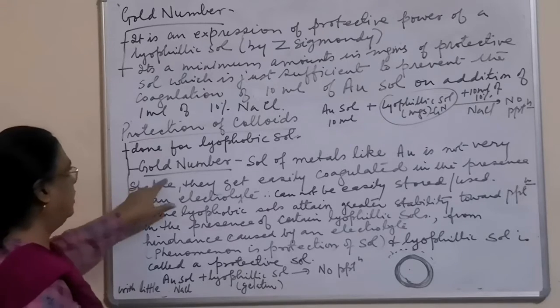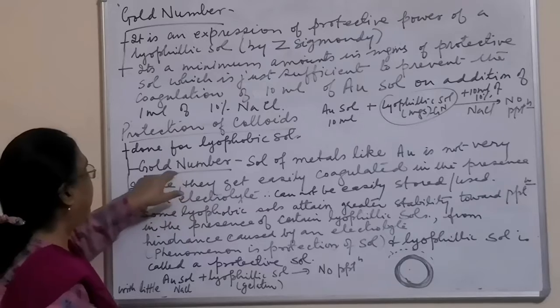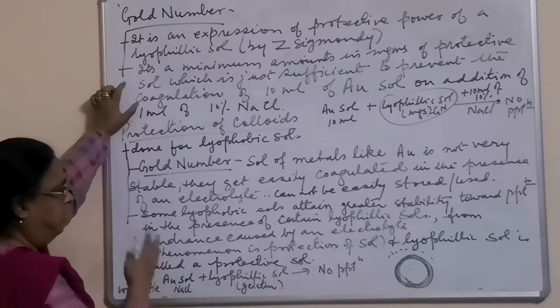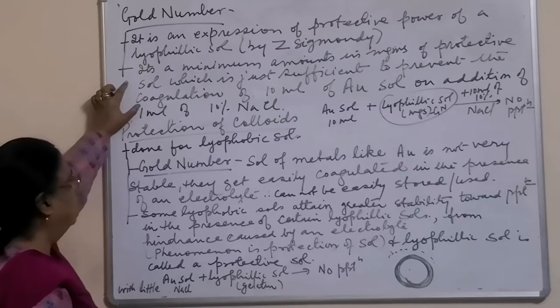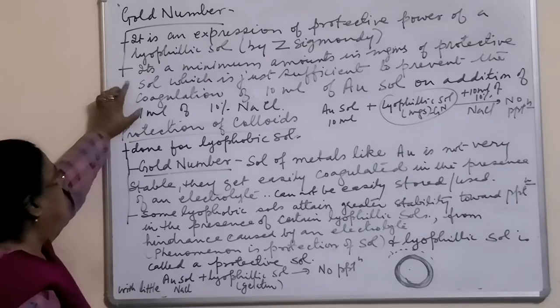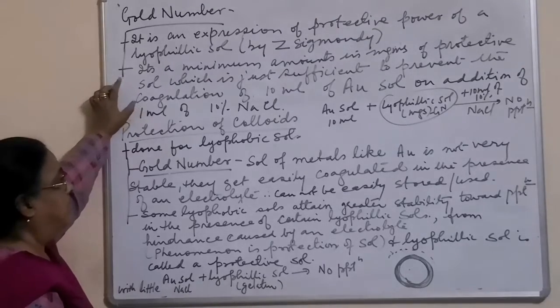For that, the gold number has been introduced. I have written down all these points. The gold number is the expression of the protective power of the lyophilic sol. The lyophilic sol is also called a protective colloid, and how much protective power it has is expressed in terms of gold number.